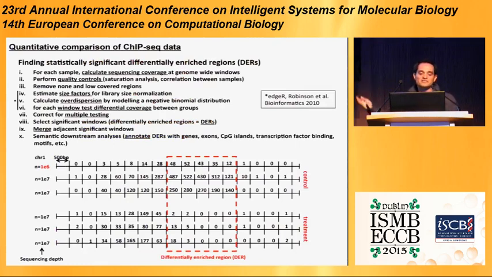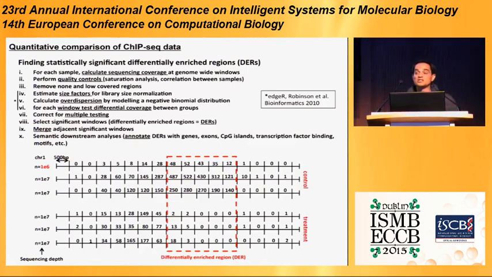This is a quantitative comparison of ChIP-seq data with the aim of identifying statistically significant differentially enriched regions, which I call very broadly just DERs. They can be DMRs, for differentially methylated regions, or whatever. So, differentially enriched regions. First of all, for each sample, calculate the sequencing coverage at genome-wide windows, and perform quality control, saturation analysis, correlation between samples, and so on.